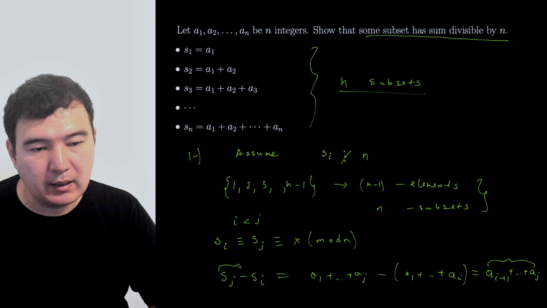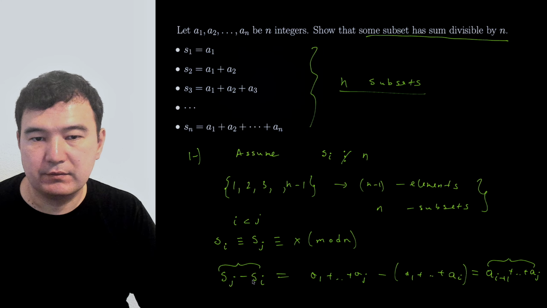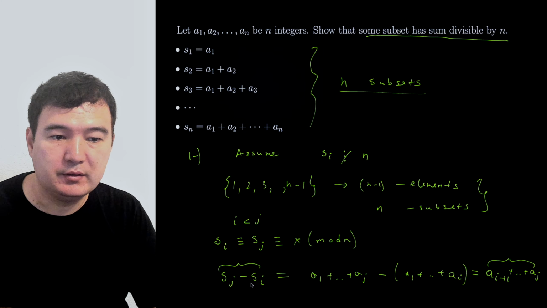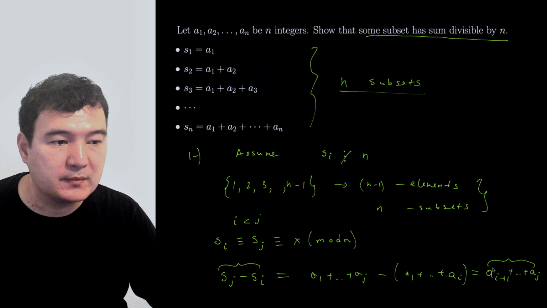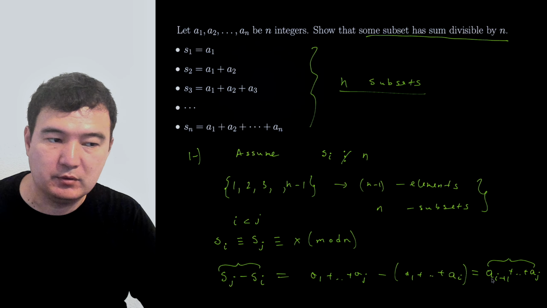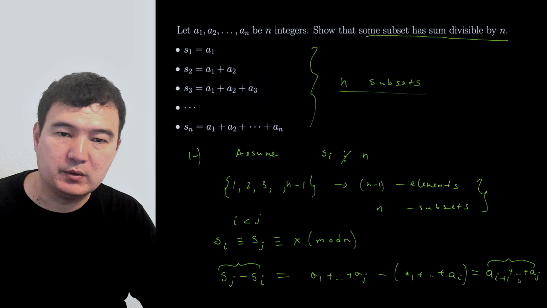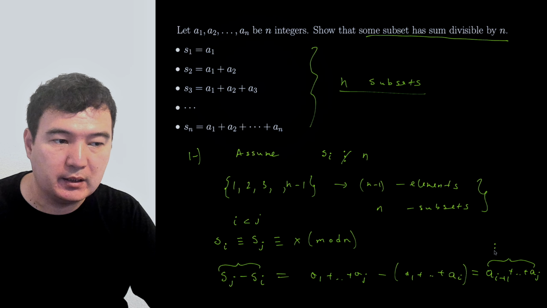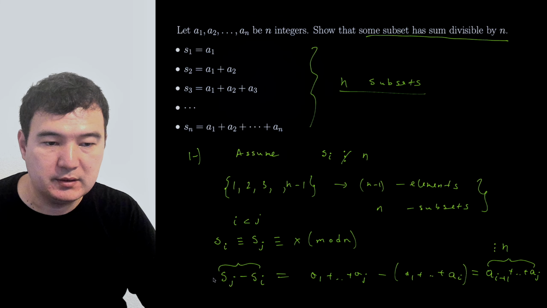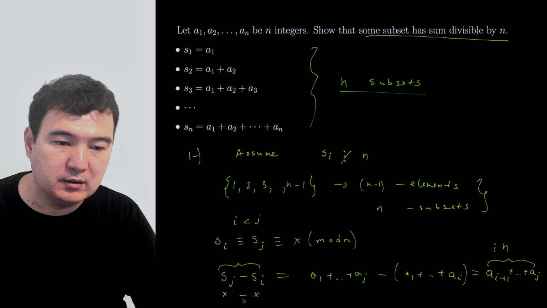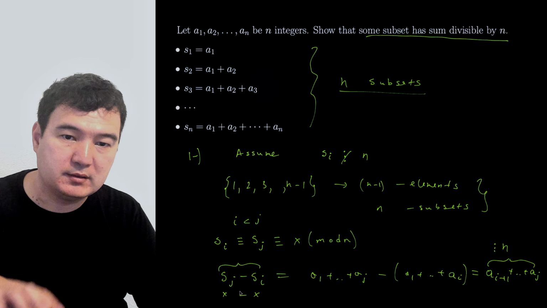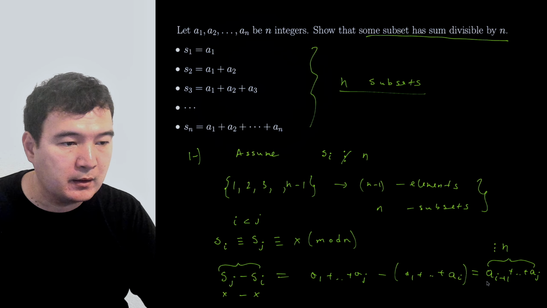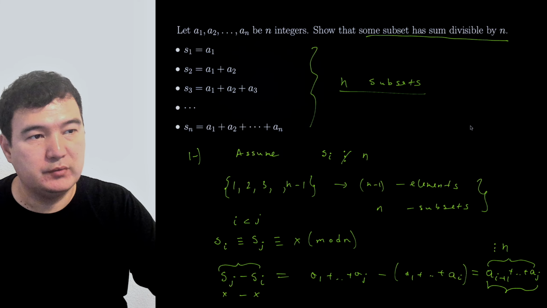Since Sj and Si both have the same remainder x when divided by n, this sum from A(i+1) to Aj will be divisible by n. When you do the subtraction, the remainder gets cancelled and becomes 0. Now this subset has a sum which is divisible by n.